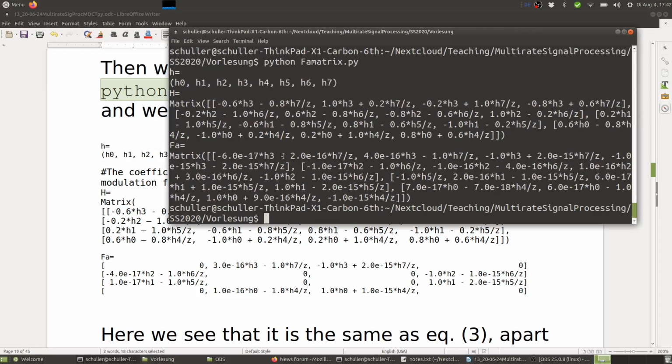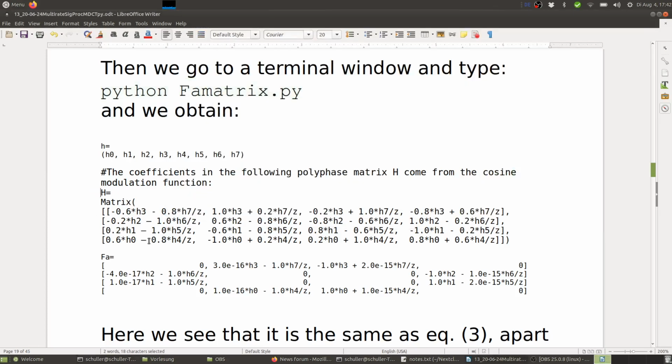Yeah. So here you can see the results. Here's the polyphase matrix, and here's the FA matrix, where you cannot quite see that this is sparse, but I managed to get it out much cleaner. Here you can see it. Here you can see the FA, and you can still see some of those 10 to the minus 16 terms, but most looks more or less clean.